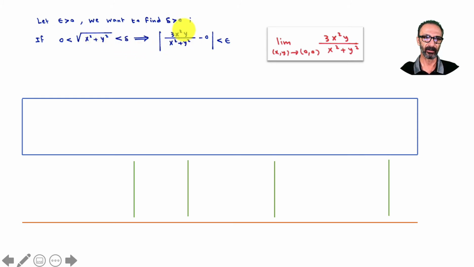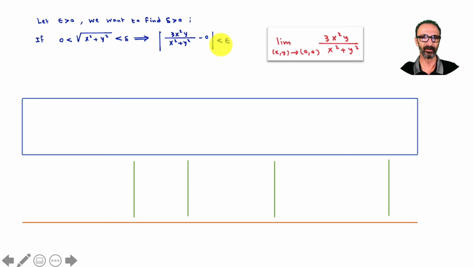That will force the outputs for those x's and y's, which are within a radius of delta, to give me outputs that are within the limit 0, because we are assuming that the limit is 0, could be 5, is less than epsilon.